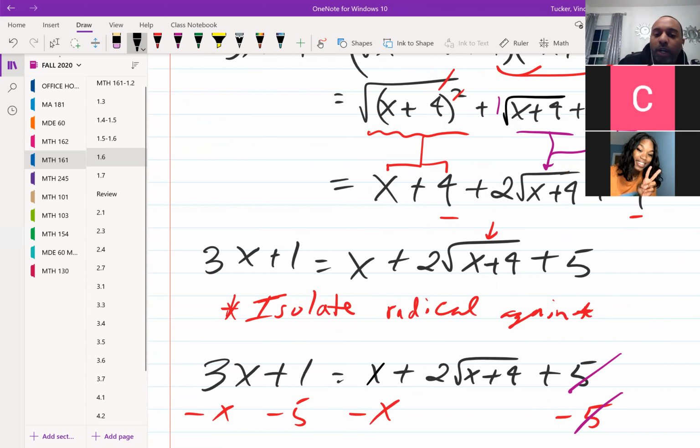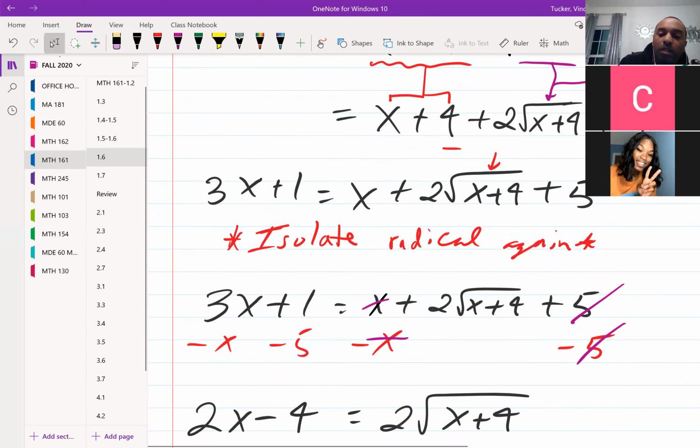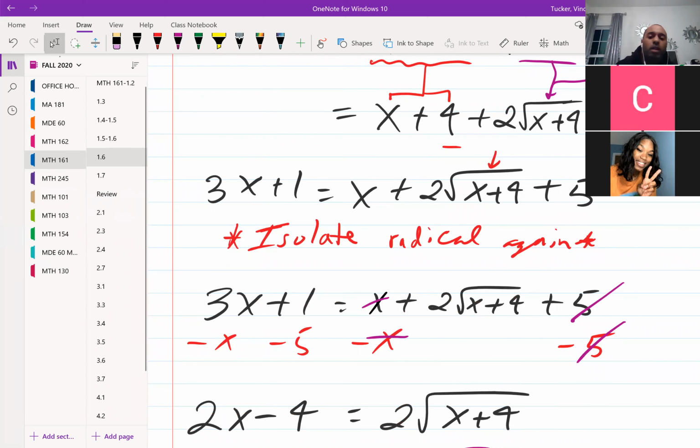So I'm going to subtract x and subtract 5 from both sides so that they cancel out on the right, and I can simplify them into the expression on the left of the equation. So that'll leave me with 2x minus 5 equal to 2 square root of x plus 4.